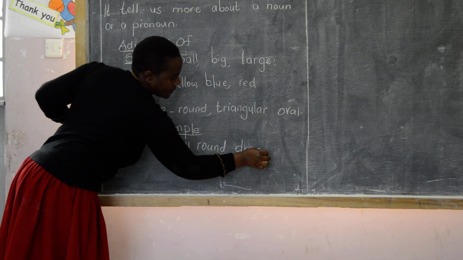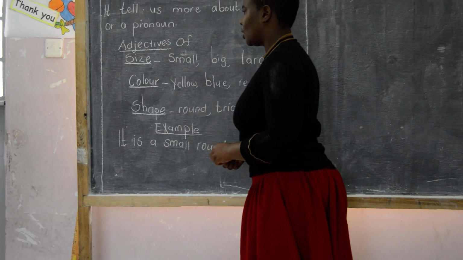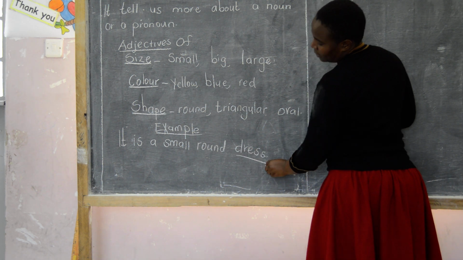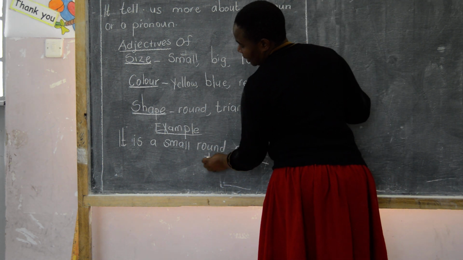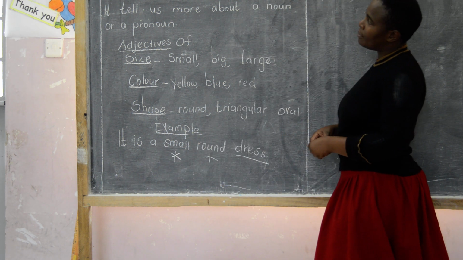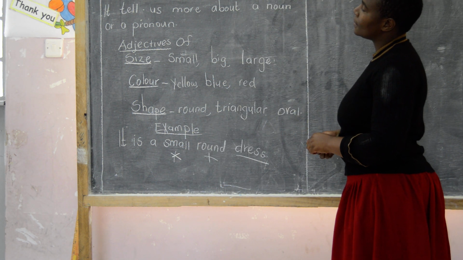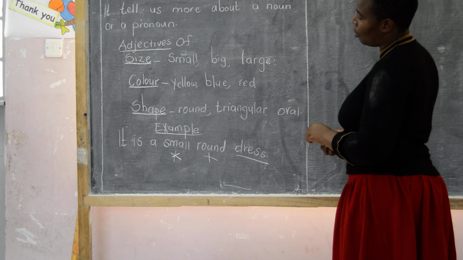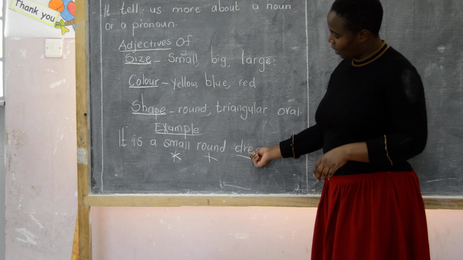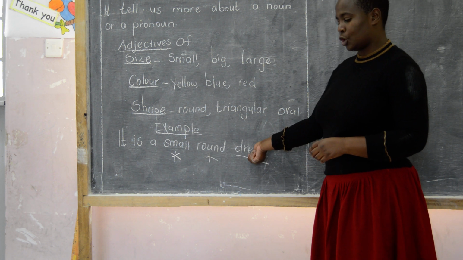Even a person who doesn't know will understand that the dress I'm talking about is round and also small. So an adjective is just a word used to describe more about the noun, and the noun here is the word dress, because that is what we are talking about.